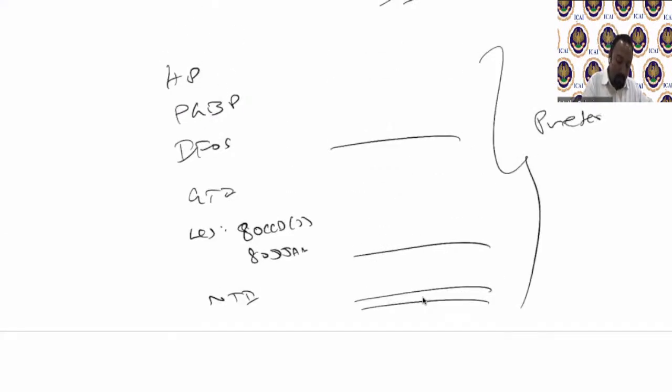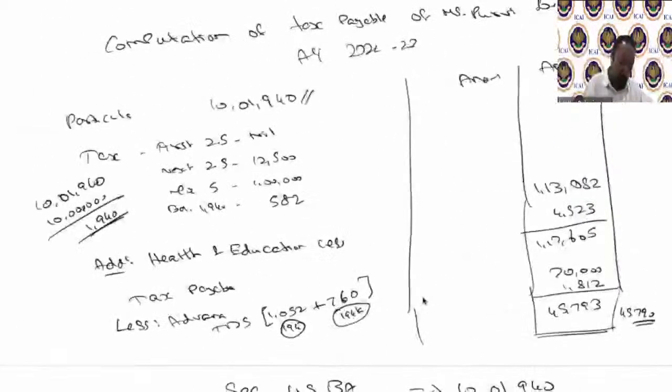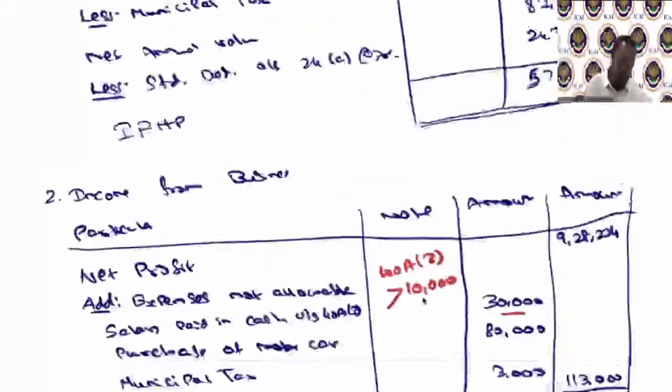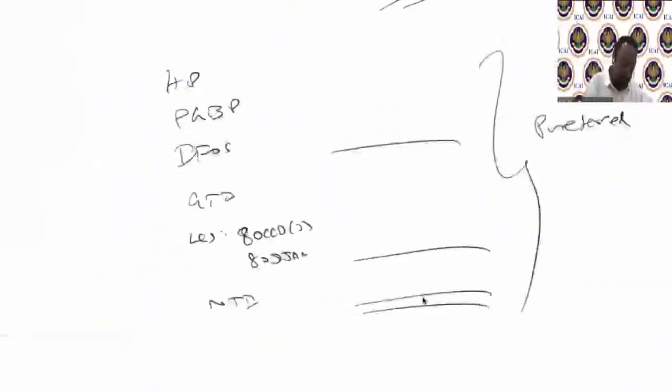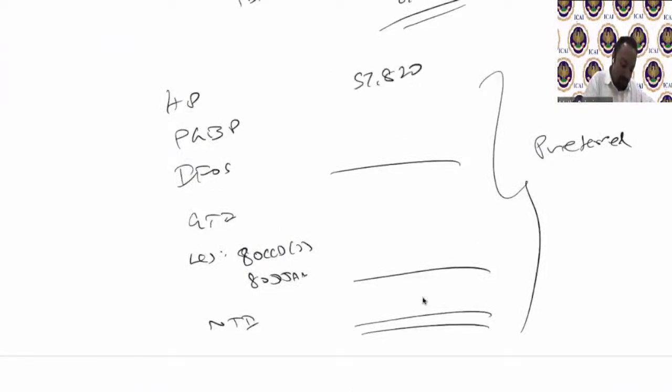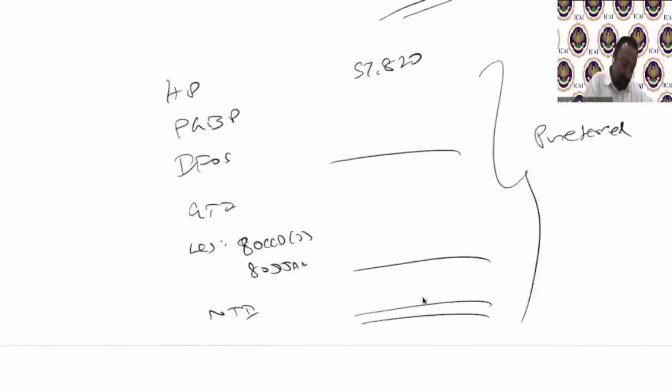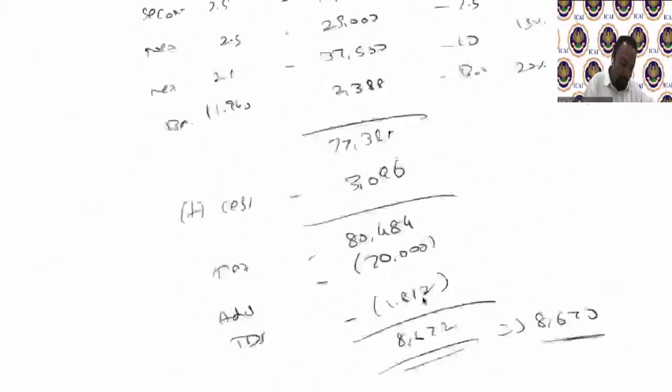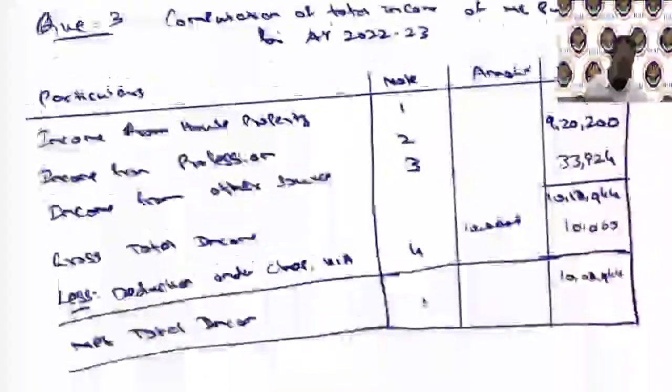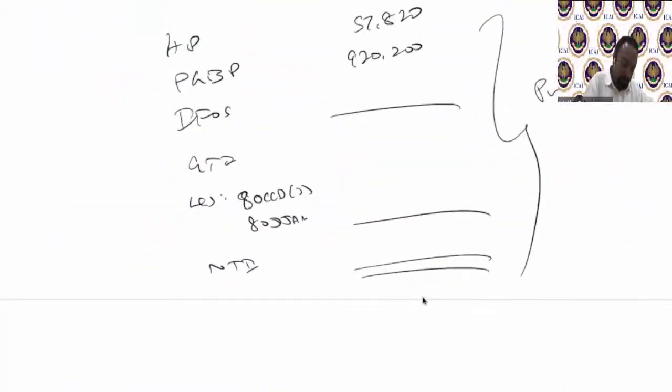Since you have all the numbers, you write them out and say what will be your gross total income. So in our case, house property was 57,820, PGBP was 920,200, IFOS was 33,924.